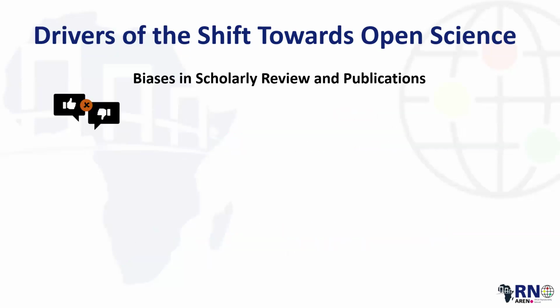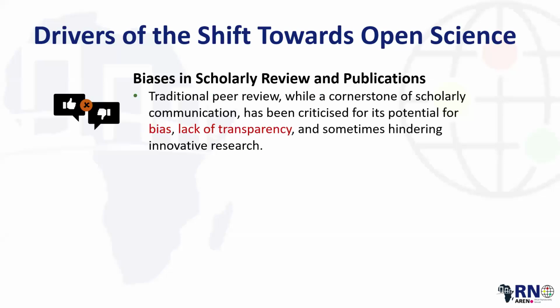The third thing was the biases in scholarly review and publication. The traditional peer review system, unfortunately, has been infiltrated by many issues. These issues led to biases and lack of transparency, and sometimes even hinder the innovation of research.